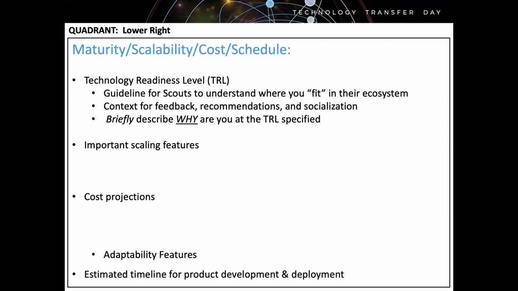So, important scaling features: how adaptable, this is 2 things, right? One is whether the solution itself is scalable, how many units you can produce over a certain period of time, but also the actual size and ability of the solution itself to scale as the customer needs it.